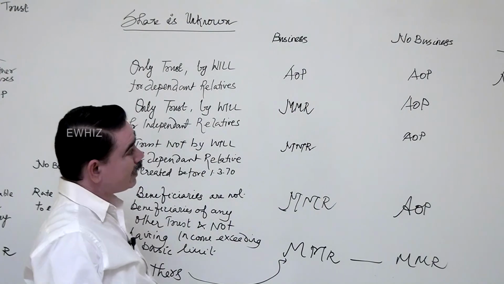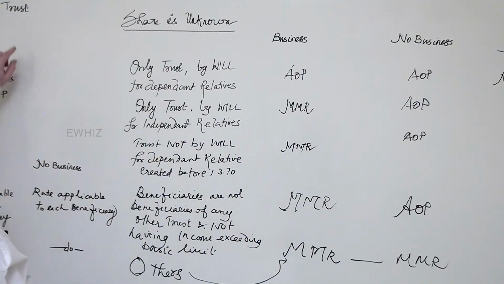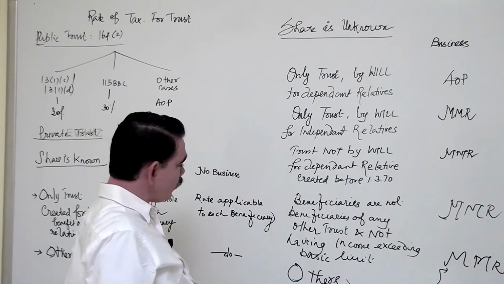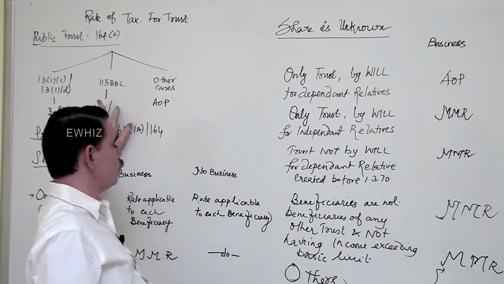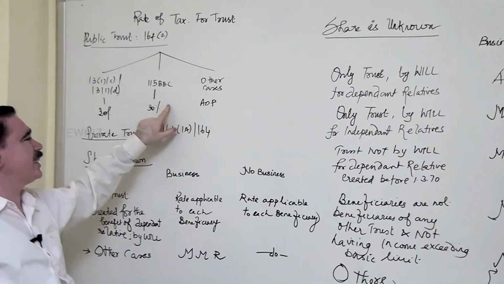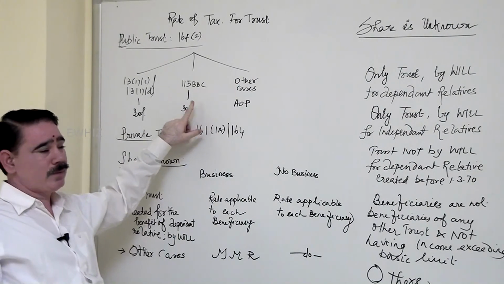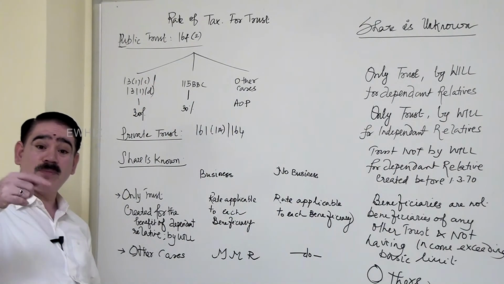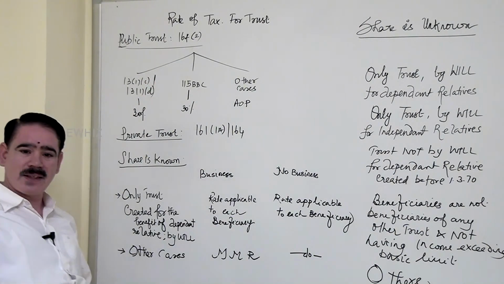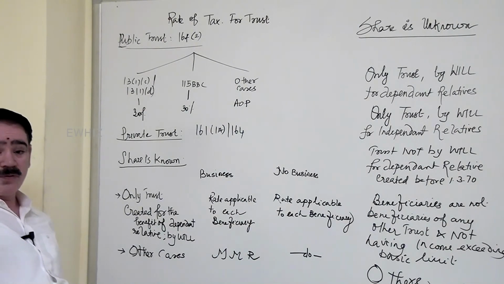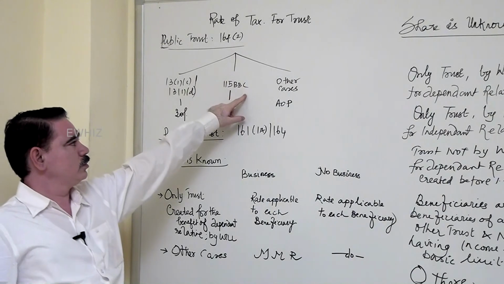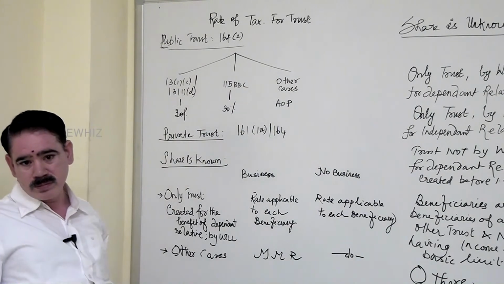This is how the rate of tax applicable for public and private trusts needs to be looked into. Here one has to be extremely careful. One should not be misguided by this. The income comprises whether or not that income is applied. So total income may be less than the basic limit, but if anonymous donation is available here, still liability will come.